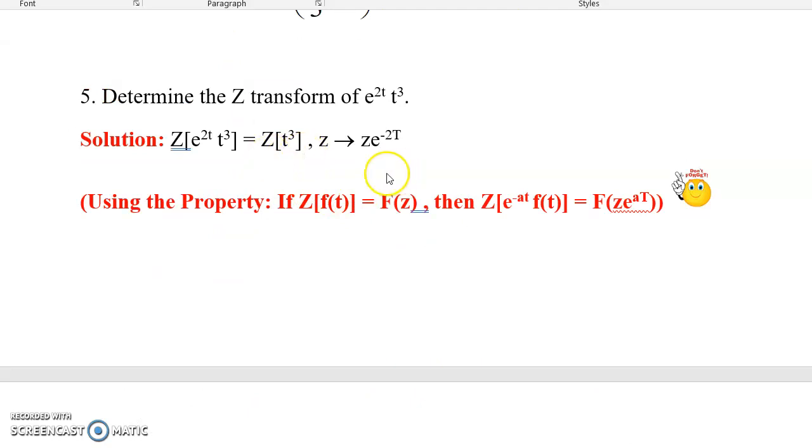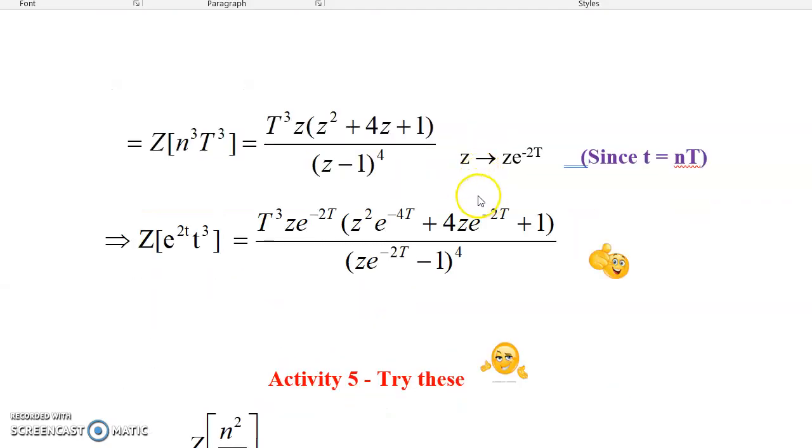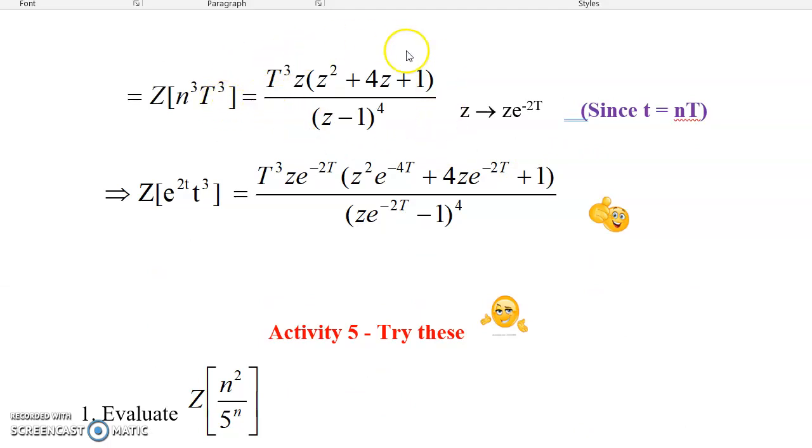In z of t cube, we have to substitute z goes to z e power minus 2T. So we should apply this rule. After finding the z of t cube answer, all the z terms should be changed to z e power minus 2T.